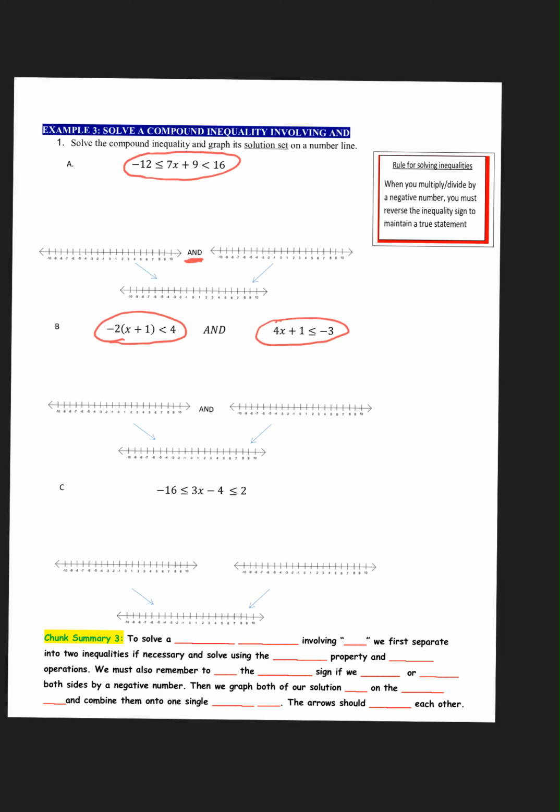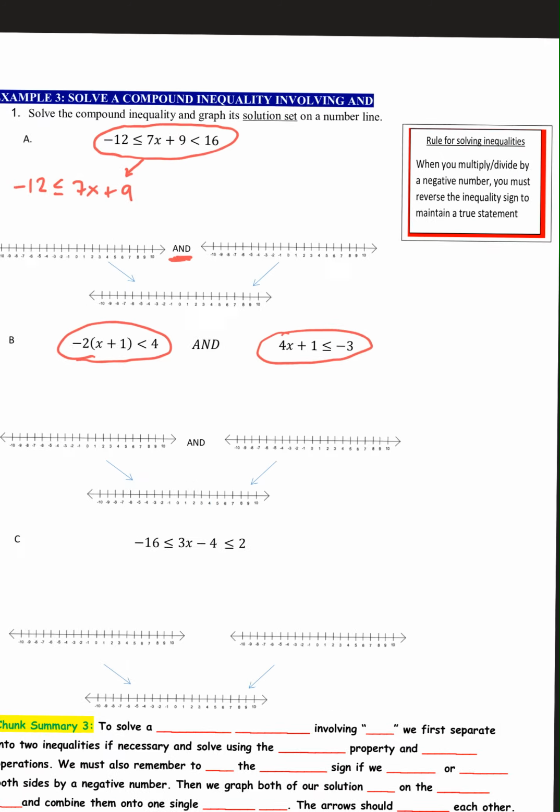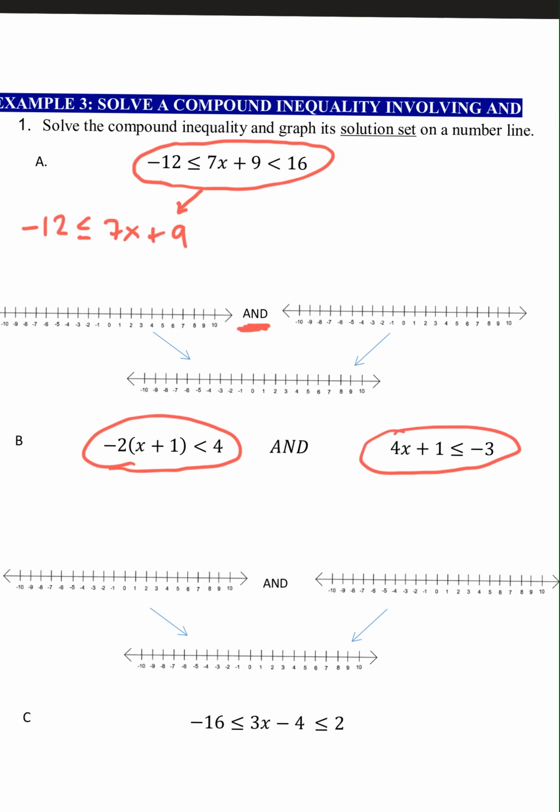The first thing that we do in order to solve these inequalities is write them in two different ways. So I'll write this as negative 12 is less than or equal to 7x plus 9. That's our first one. And our second inequality is 7x plus 9 is less than 16.